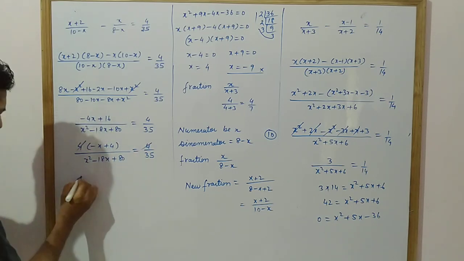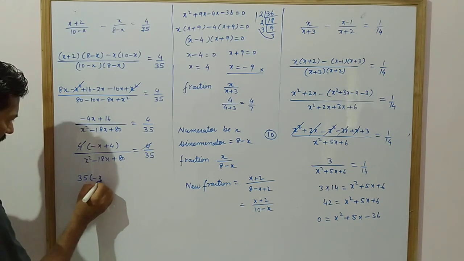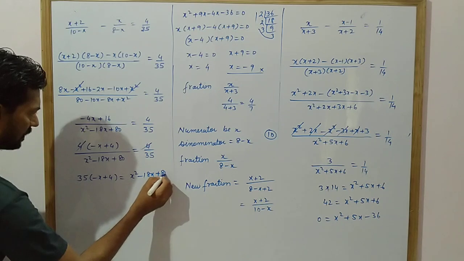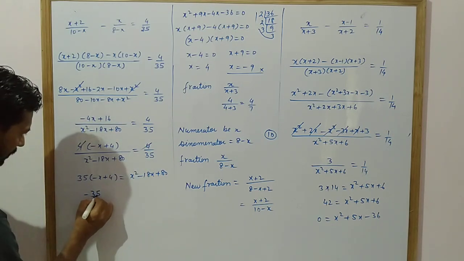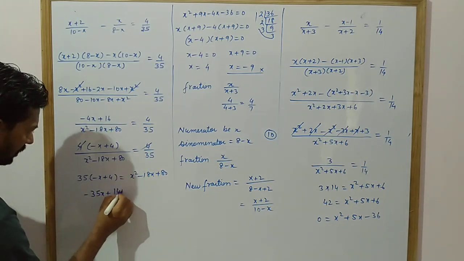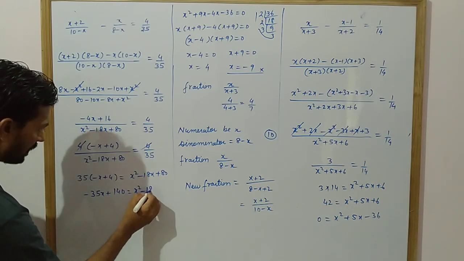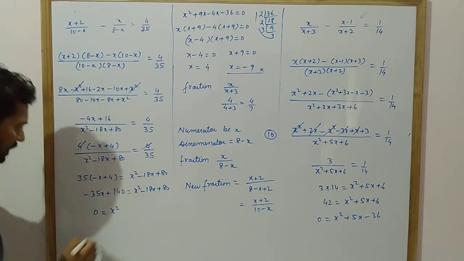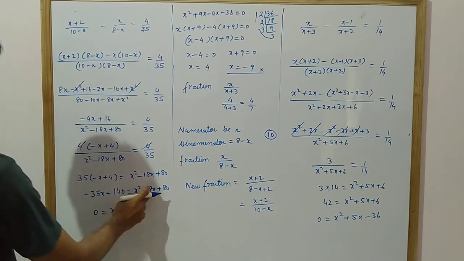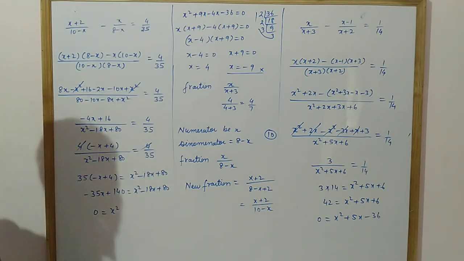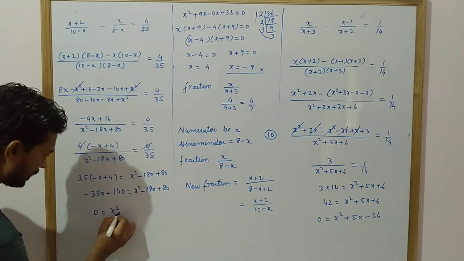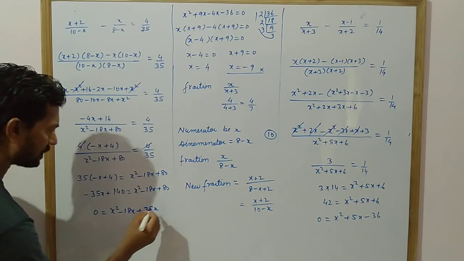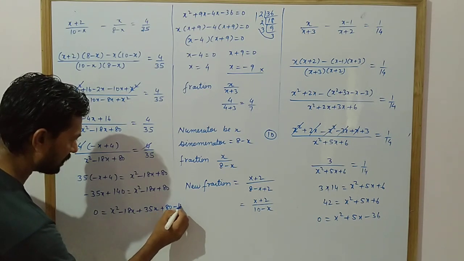This will cancel out. 35 into minus x plus 4 equal to x square minus 18x plus 80, that is minus 35x plus 140 equal to x square minus 18x plus 80. 0 equal to x square minus 18x plus 35x plus 80 minus 140.